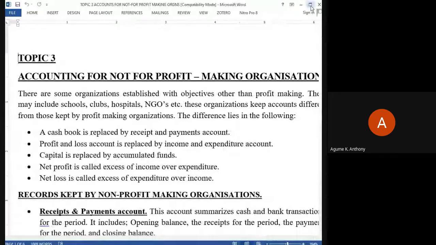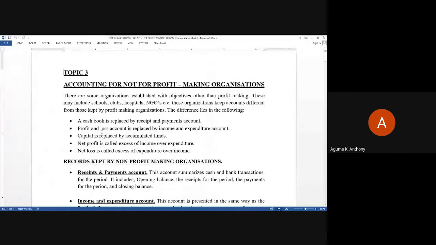Then, whereas profit-making organizations prepare a profit and loss account to show the performance of the organization, for non-profit, the profit and loss account is normally replaced by the income and expenditure account. Another difference lies in the capital. Capital is replaced by accumulated fund for non-profit making organizations.